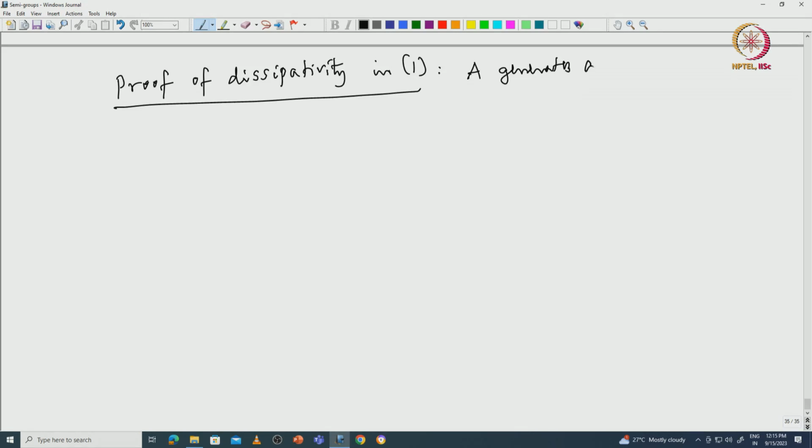A contraction semigroup, T_t. Let me write that. Now, to see the dissipativity, you consider T_t x minus x, x.